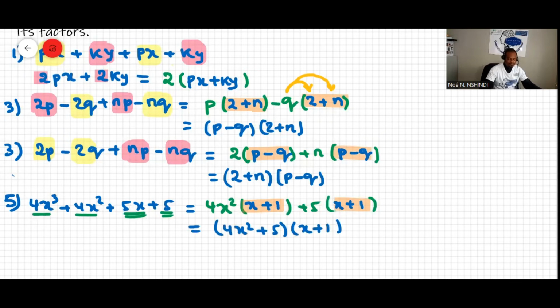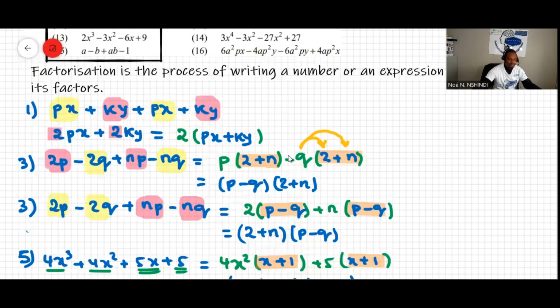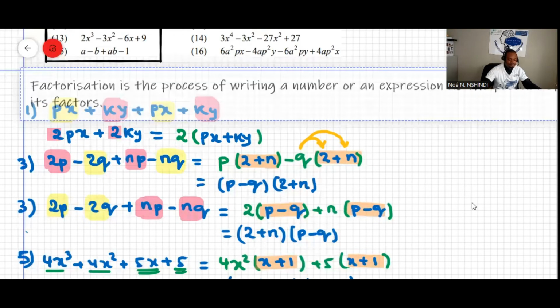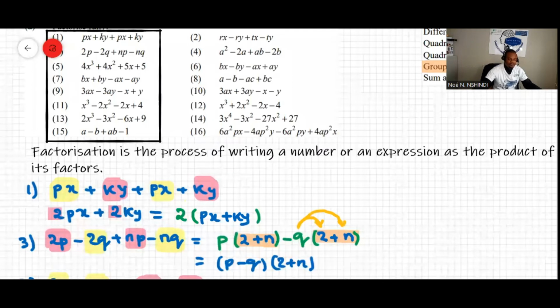You can also try yourself, do 4x cubed with 5x, and then 4x squared with 5, but I prefer to do the first two and the last two, as I did in question 3, the second part. Next question will be question 7 that I'm going to do.